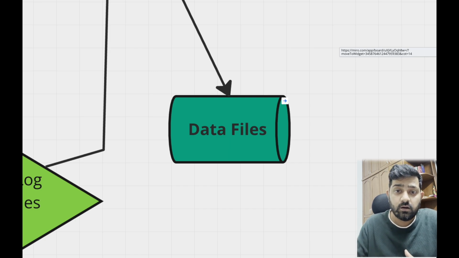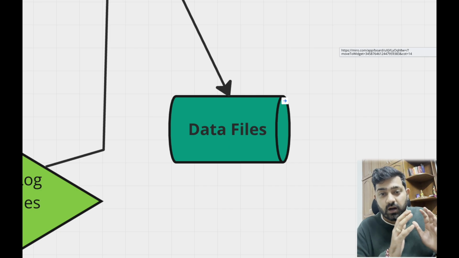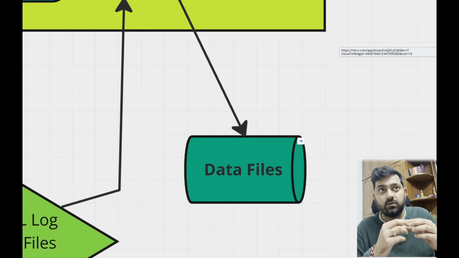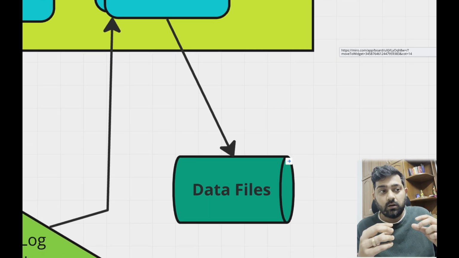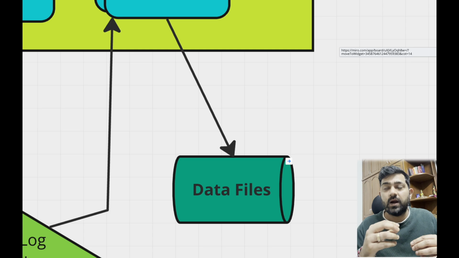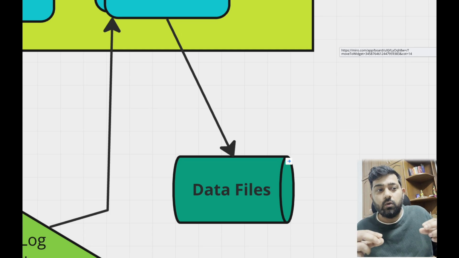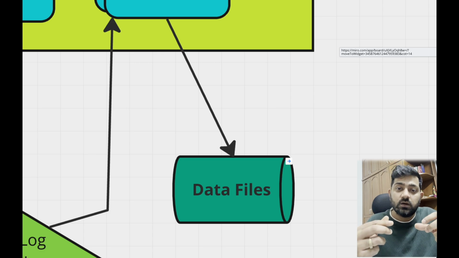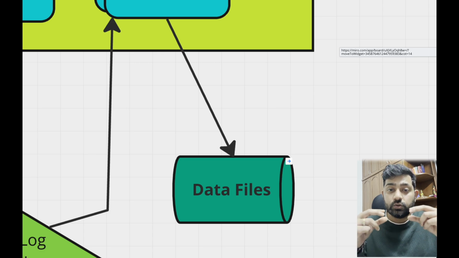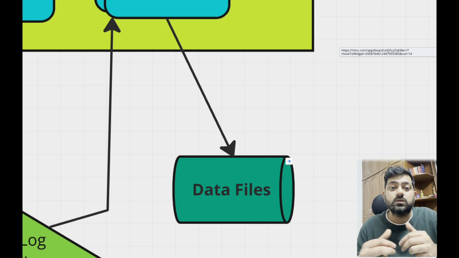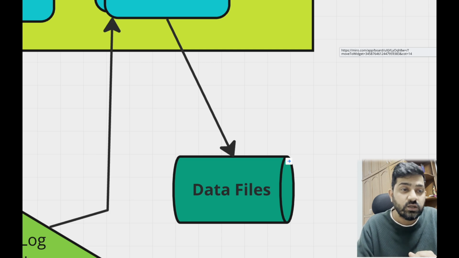This is handled by the BG writer, which writes the finalized data records into your disk files. For example, if you issued an insert statement to insert a row, that row should get created on disk, and that is the responsibility of the BG writer.